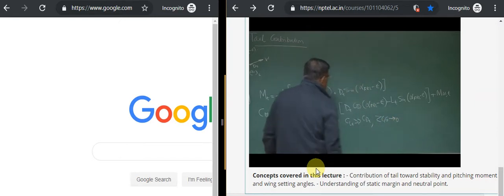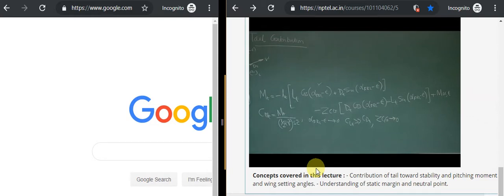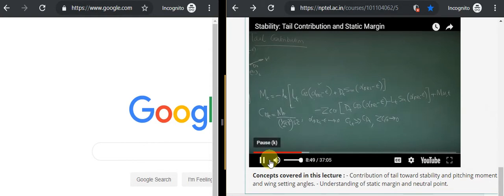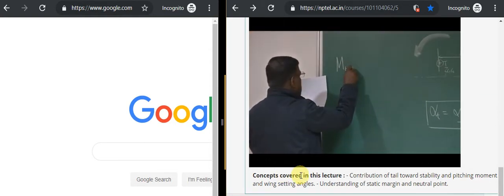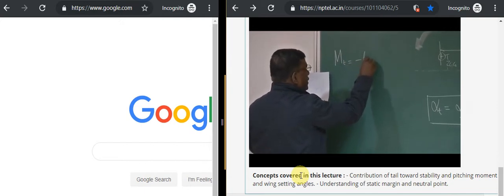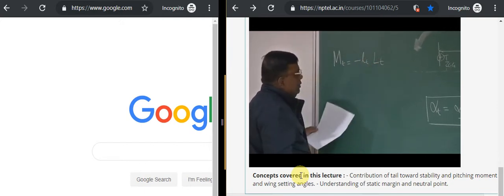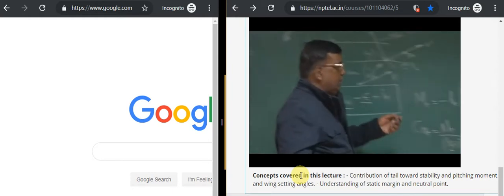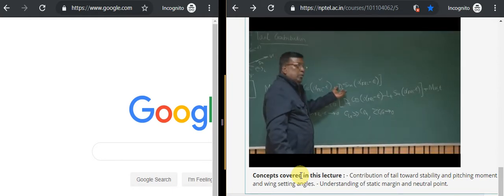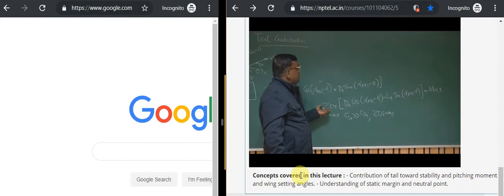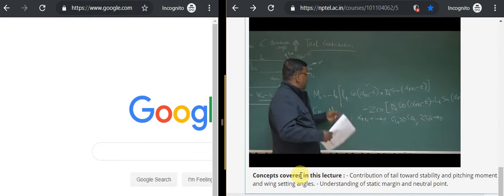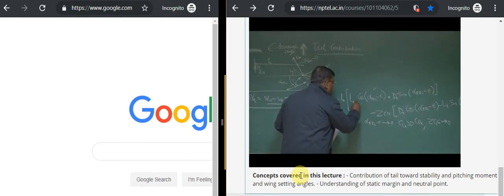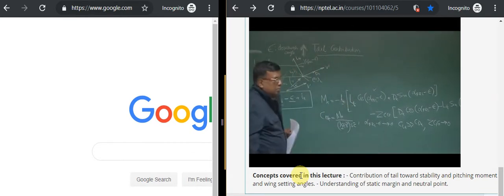If I do this simplification, then I get a neat expression, which is MT equal to minus LT into LT. Because when I put this 1, this I put to 0, because drag I am neglecting, ZCG is 0. So I only have pitching moment as lift because of tail into LT, tail moment arm, minus because it will give a nose down moment, right?